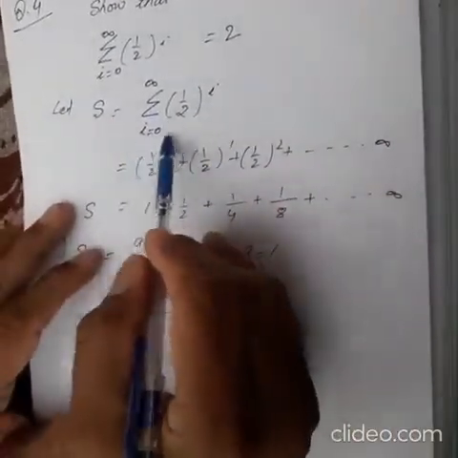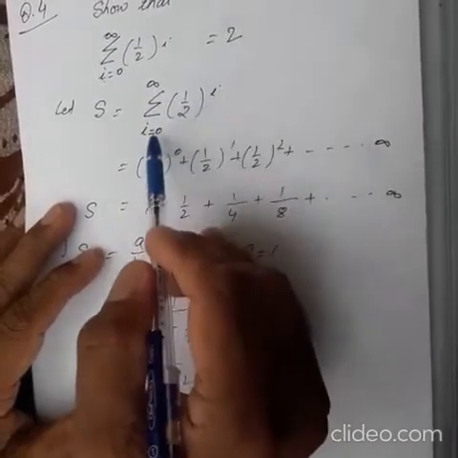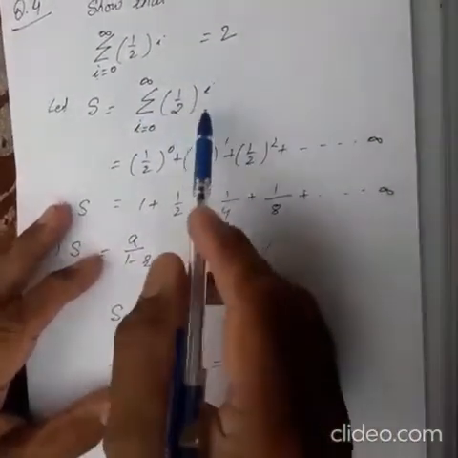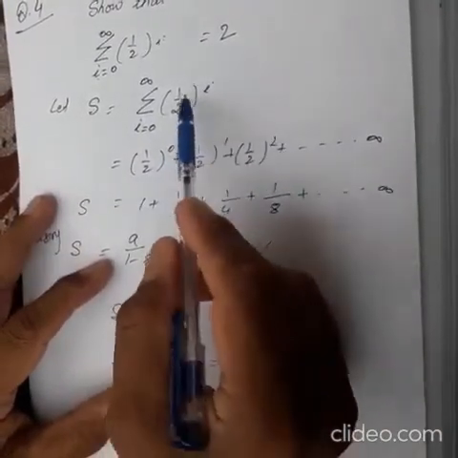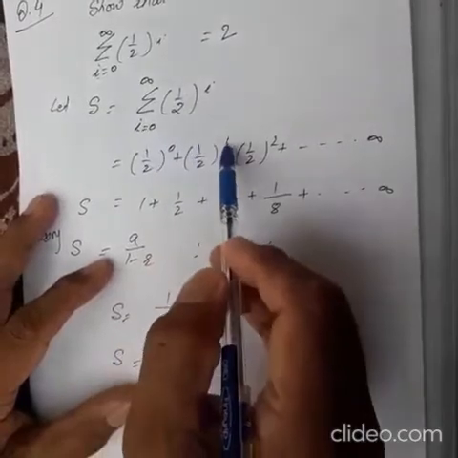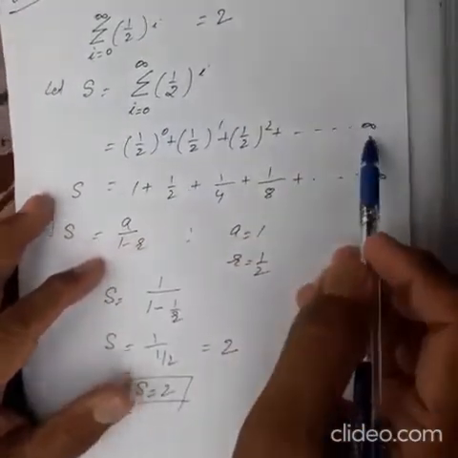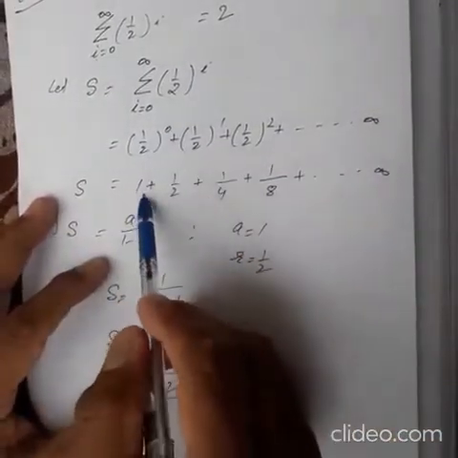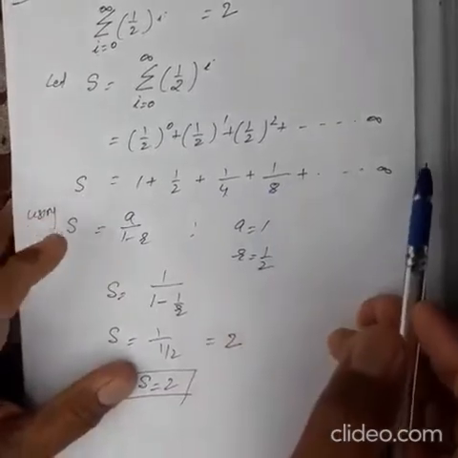It means we will find the sum of all terms by changing I from 0 to infinity. So you first put I as 0, it is 1 upon 2 raised to power 0. For the second term you put I equal to 1, 1 upon 2 raised to power 1 and so on, up to infinity. After simplification it is 1 plus 1 upon 2 plus 1 upon 4 plus 1 upon 8 and so on.